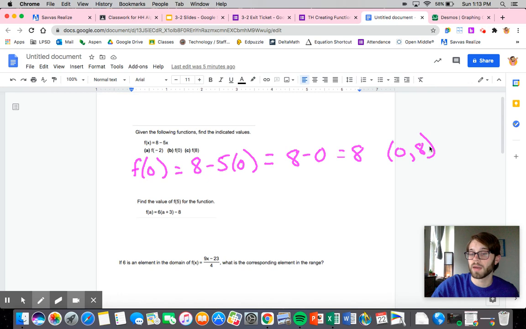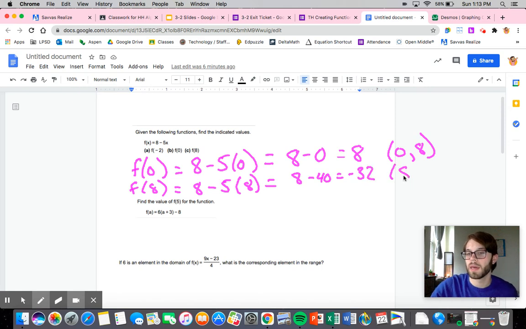And so again, if we were to graph it, we would have 0, 8. And then we could do again f of 8. So we have 8 minus 5. Instead of writing x, we're going to write 8. That is equal to 8 minus 5 times 8, which is 40. So it's equal to negative 32. So we would have the point 8, negative 32.